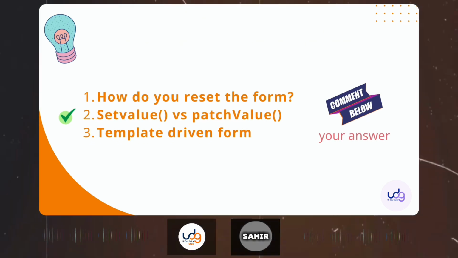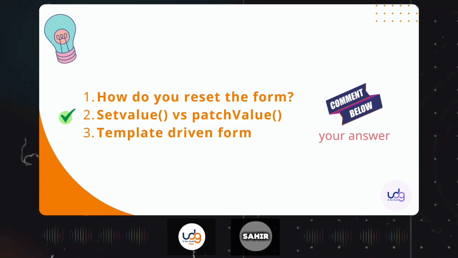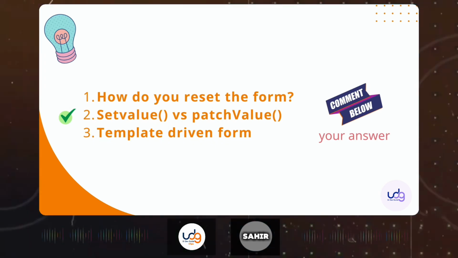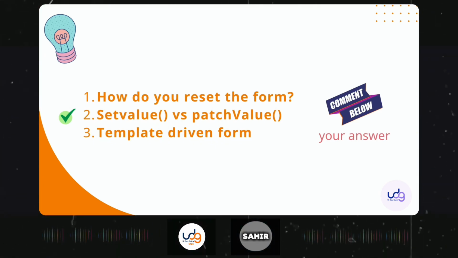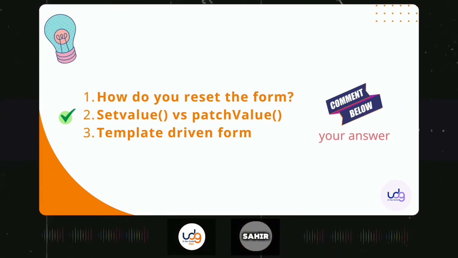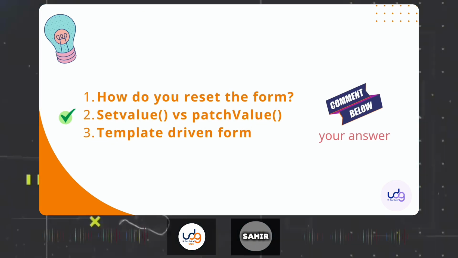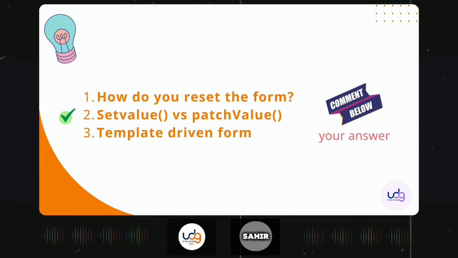So in that case, you will set your values to first name and last name, correct? At that time we use patchValue because you are not patching the value for contact number, since it is not there. If you are using setValue, all the values should be present. So read about this a little bit because it is a common question, setValue and patchValue.